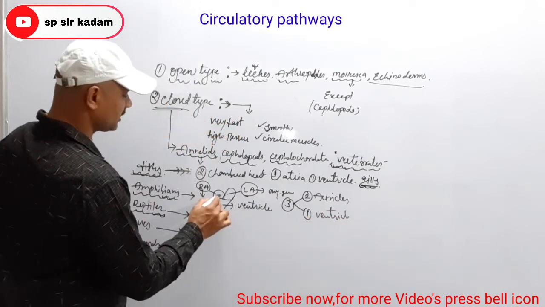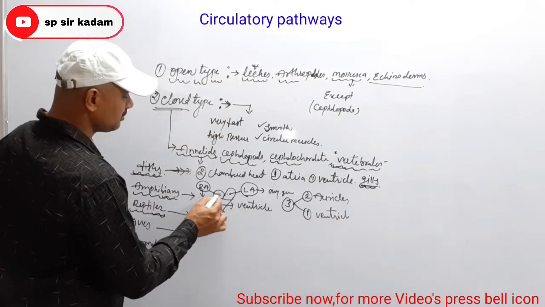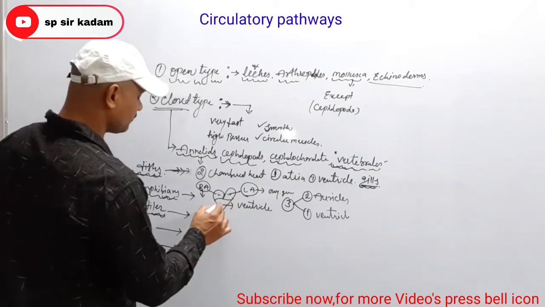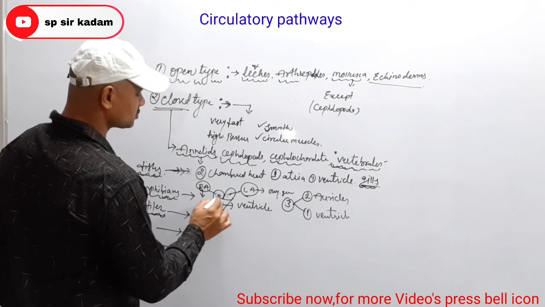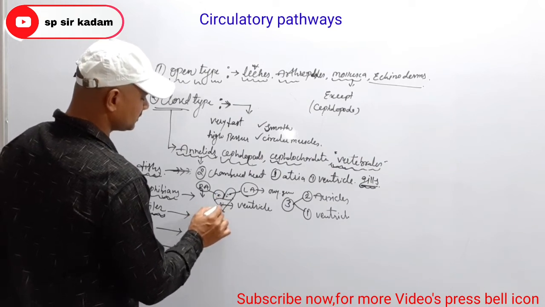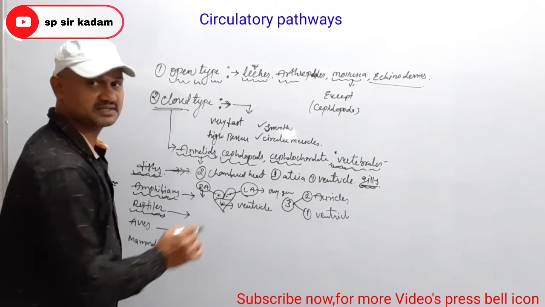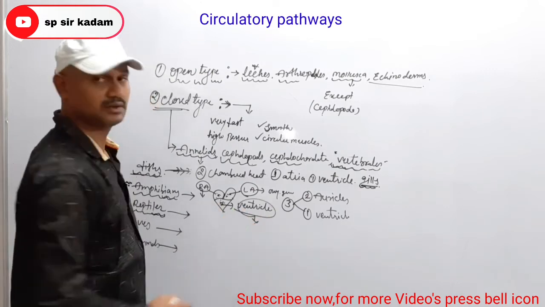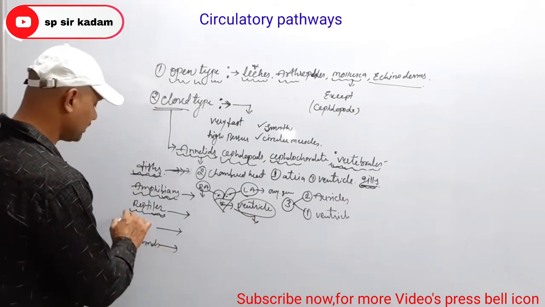In the auricles, the deoxygenated blood and oxygenated blood are separated. But when these two types of blood enter into the ventricle, the blood gets mixed. So mixed blood is present in the ventricle. And what about reptiles?